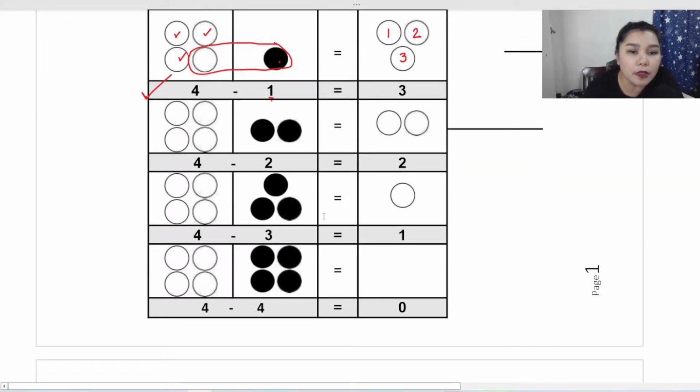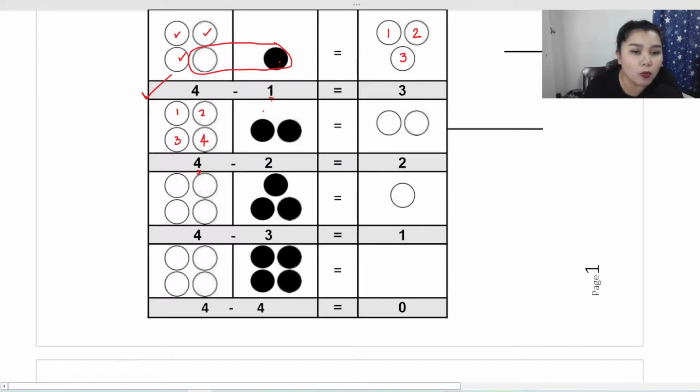Okay. Another is 4 minus 2 equals 2. We have 4 white chips: 1, 2, 3, 4. That's why we have 4 in the subtraction sentence. And then it is subtracted with 2 black chips.